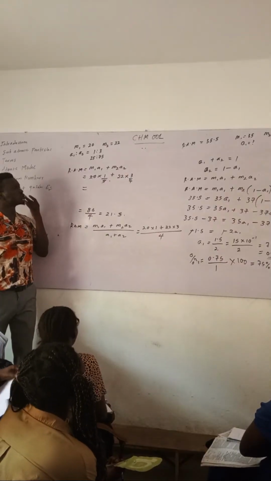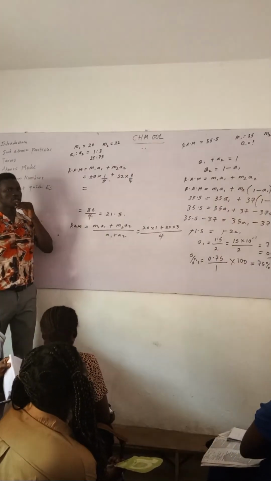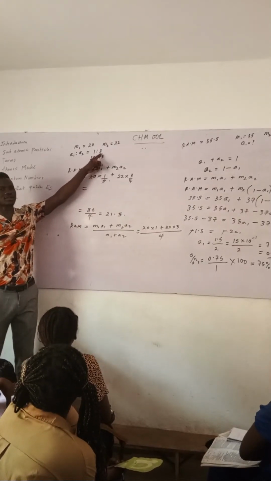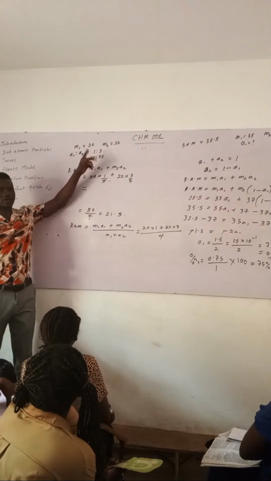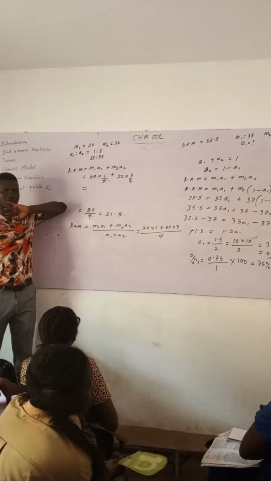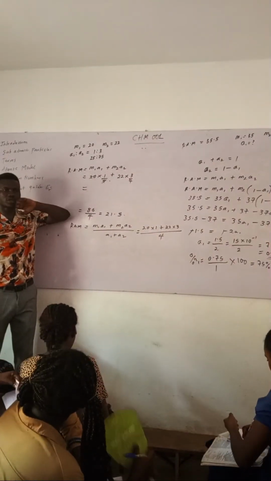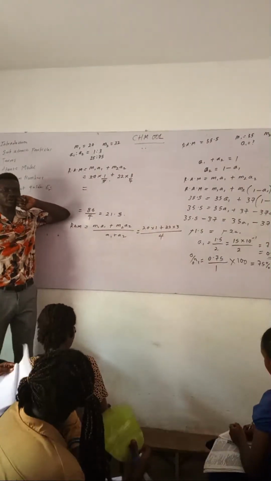It's not giving us the same answer. 1:3 is the 25 ratio, and you are not getting the same answer. That is still 1:3. Are you dividing it by 4?